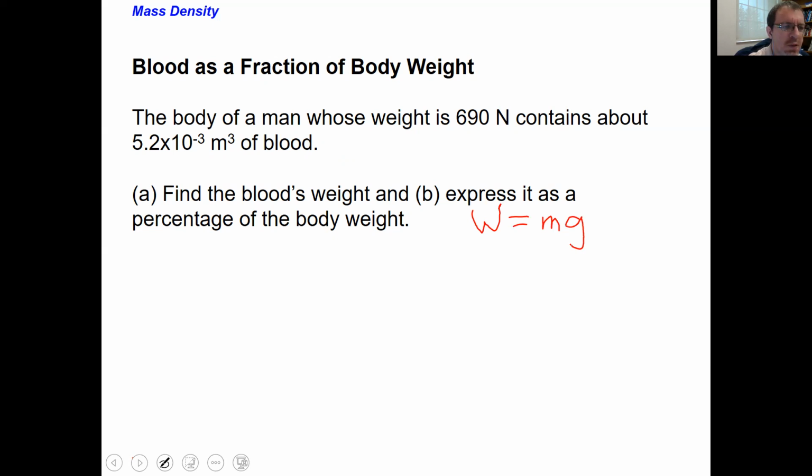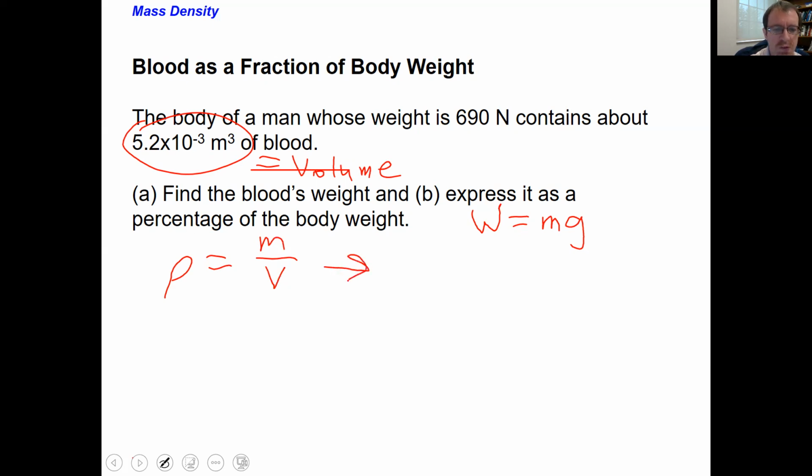And we don't have its mass. What we have is its volume. But we know that density is mass divided by volume. So we can rearrange this equation, and if we rearrange this equation, we will get mass is equal to density.